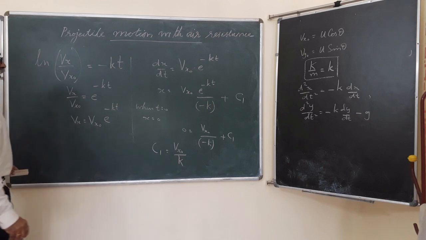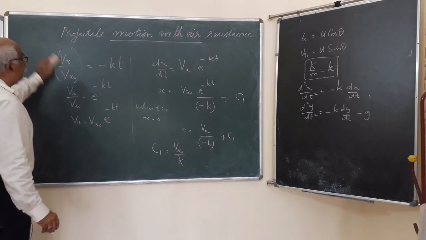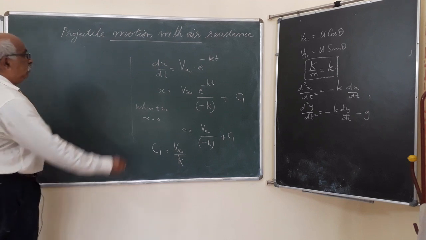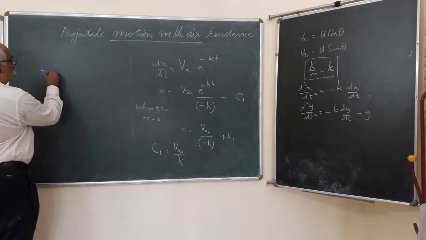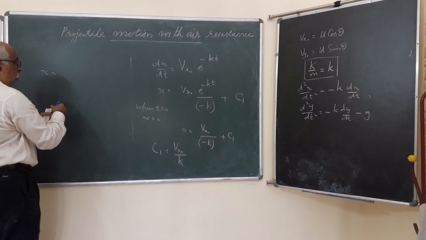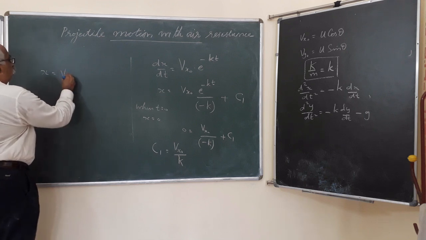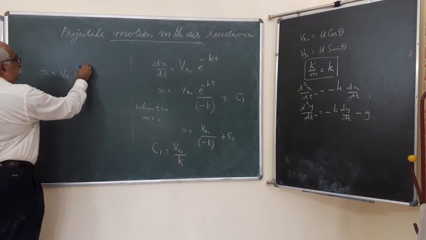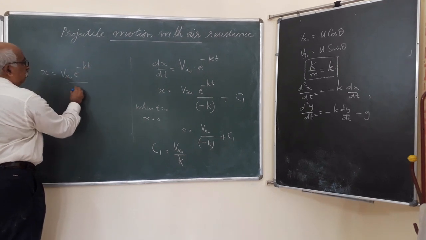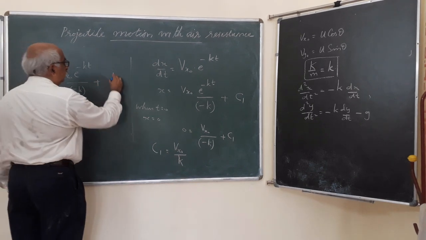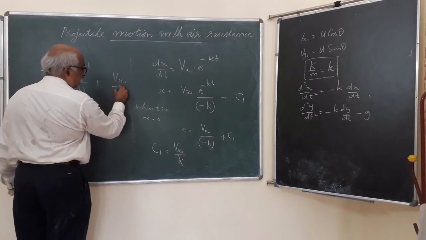Now we can write the equation for x as x is equal to Vx0 e raised to minus kt divided by minus k plus Vx0 divided by k.